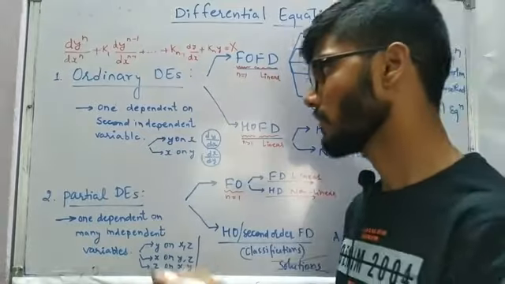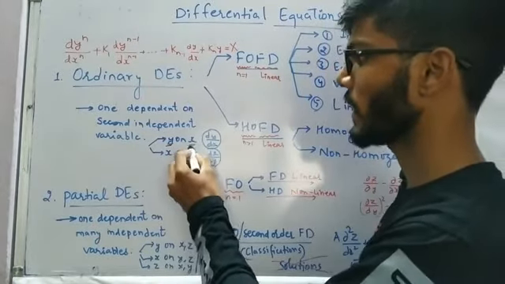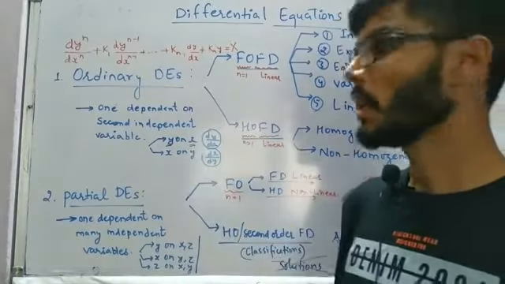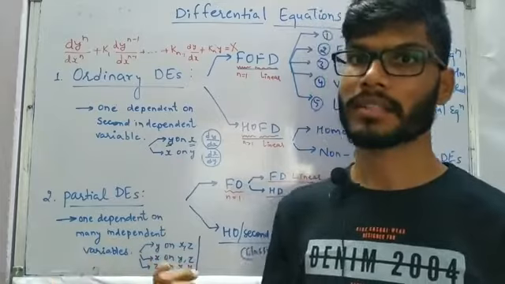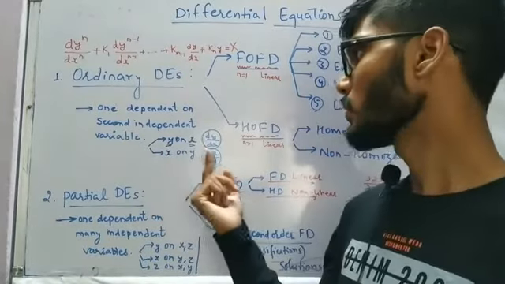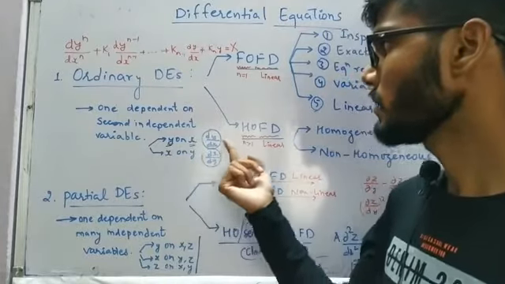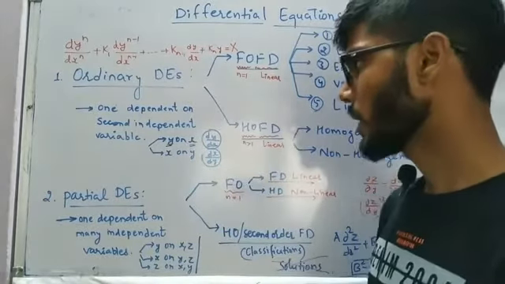So we can say if y is the dependent variable and it is depending on x, which is an independent variable, what does that mean? That only y is going to depend on x, whereas x is an independent variable, so it is not going to depend on anyone. So in that case we can write the differentiation of y with respect to x as dy by dx.